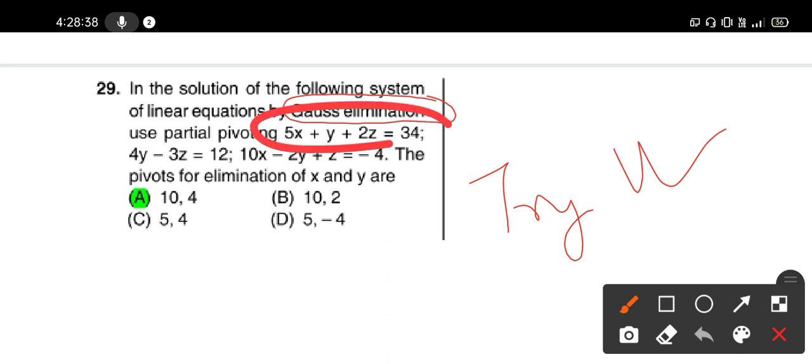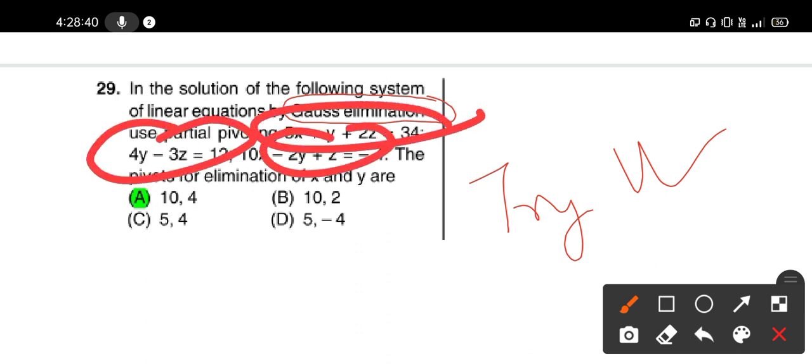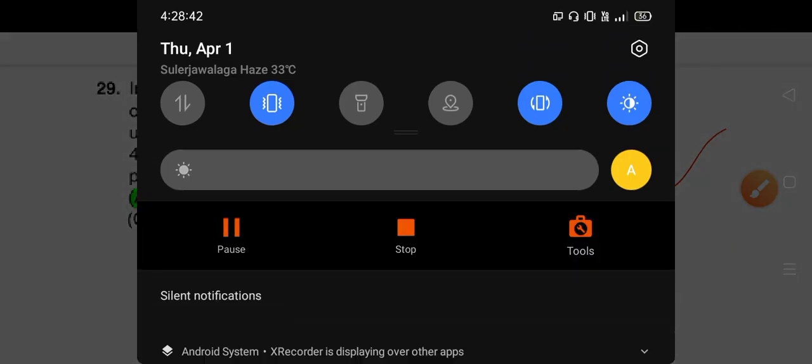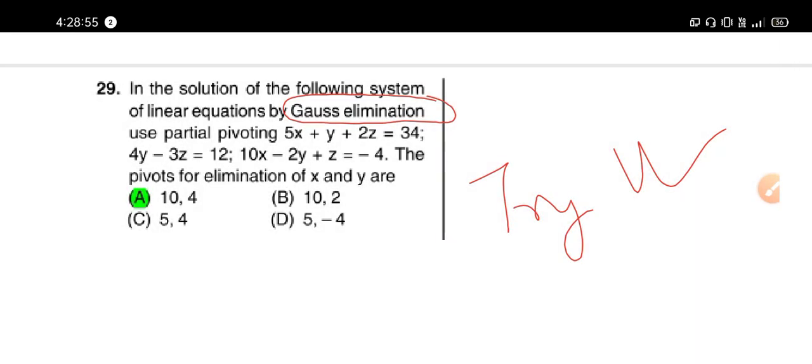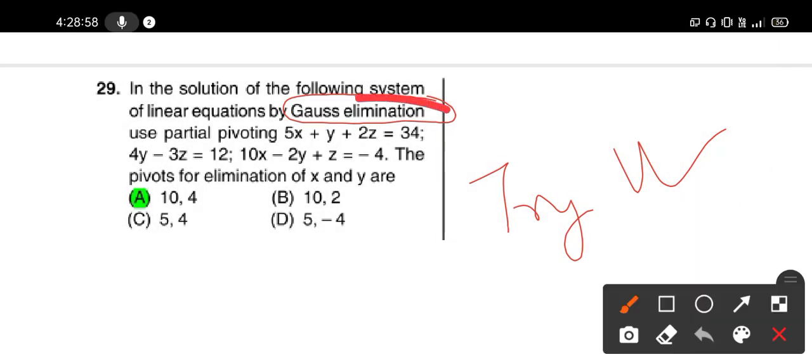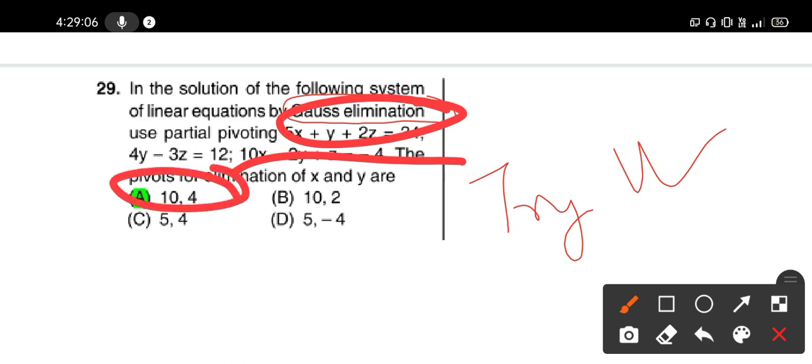Here 3 equations are given, and the pivots for elimination for x and y. You can try. Here 10 and 4 are the answer.